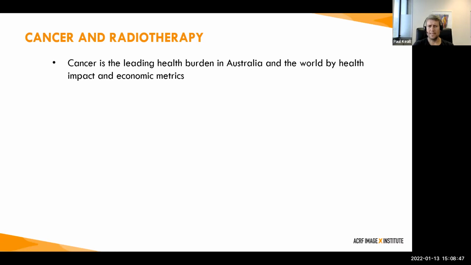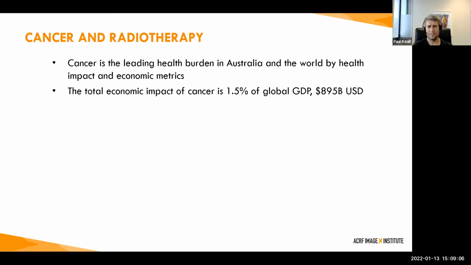Cancer is the leading health burden in Australia. Cancer and cardiac disease tend to be the 2 biggest global health burdens, by both health and economic metrics, the cost of healthcare and the cost to patients. Interestingly, the economic impact is around 1.5% of global gross domestic product, nearly $1 trillion.